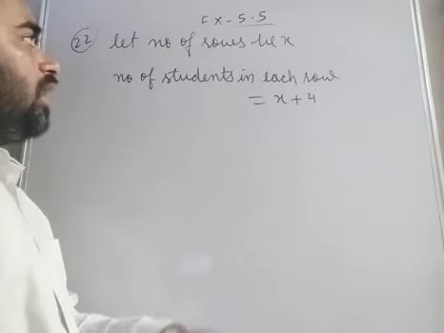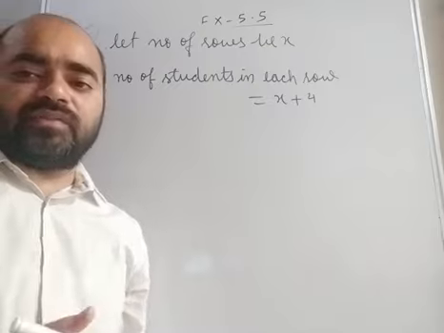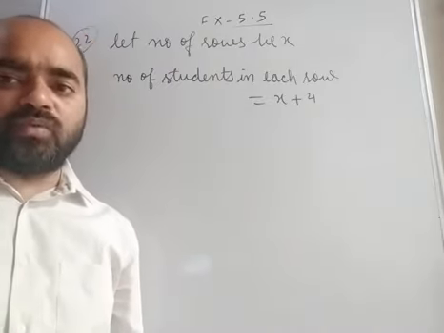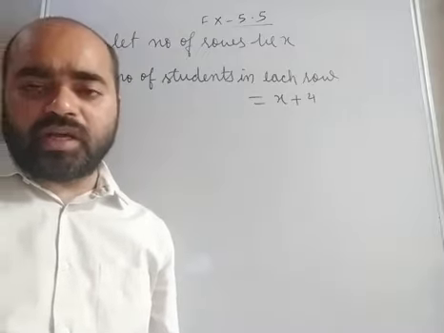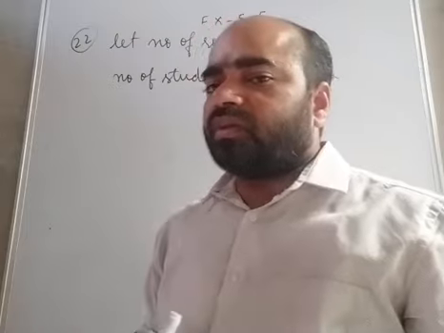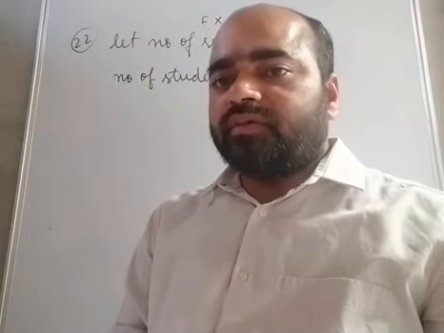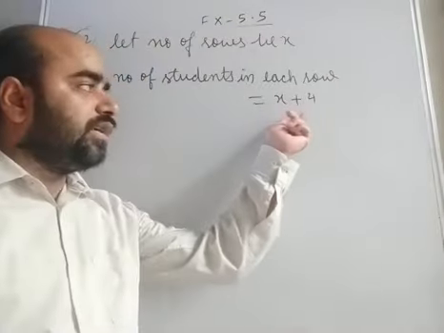Total number of students is 480. How to calculate total number of students? Suppose there are 10 rows and in each row 5 students are there. How to find total number of students? 10 into 5. It means number of rows multiplied by number of students in each row.